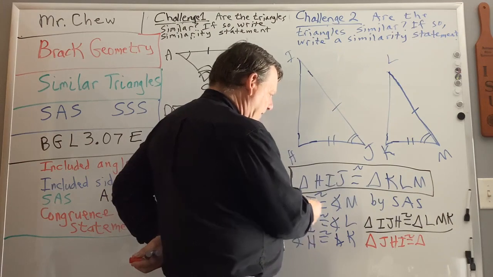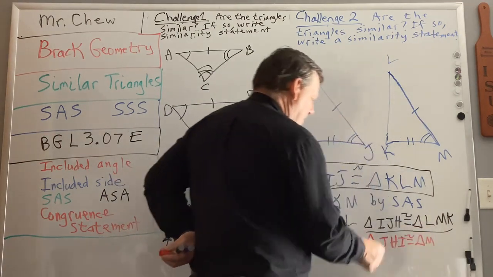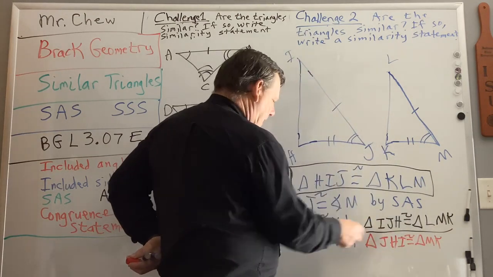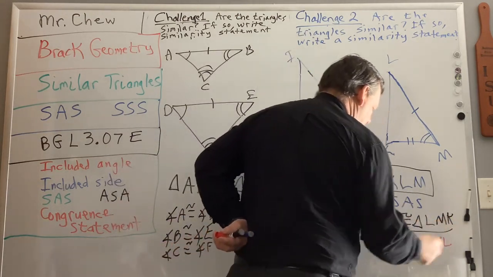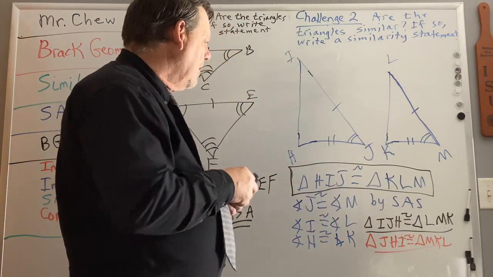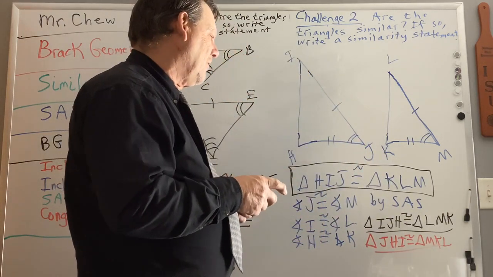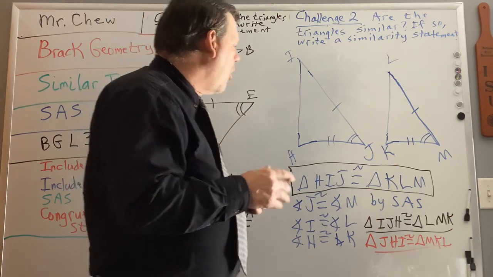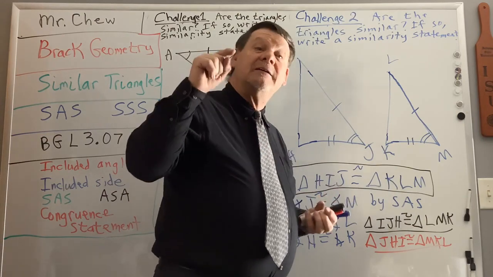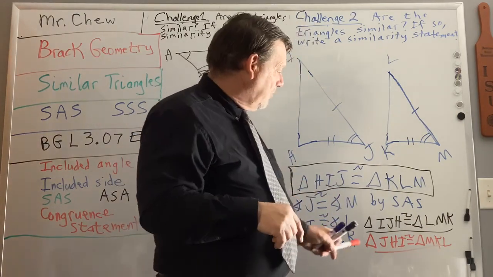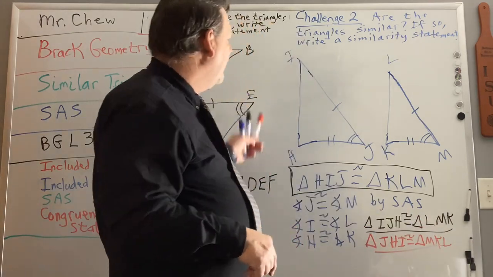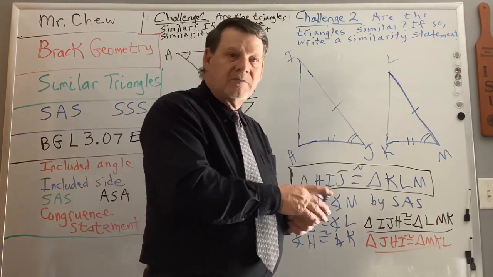So the J goes with M, the H goes with K, and then the I goes with L. So all three of these, and there could be a couple more because I think there are a total of 6 different ways. But as long as the order is there and they match up, the first has to go with first, second with second, third with third. And you saw how I was able to do that.